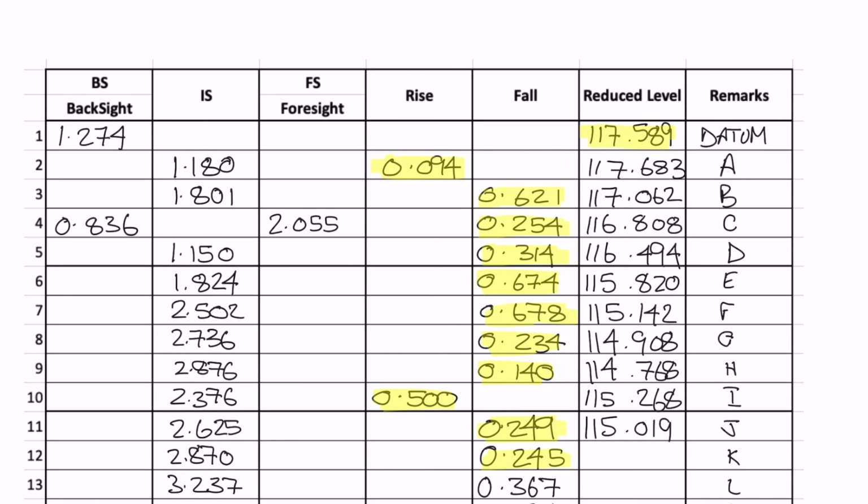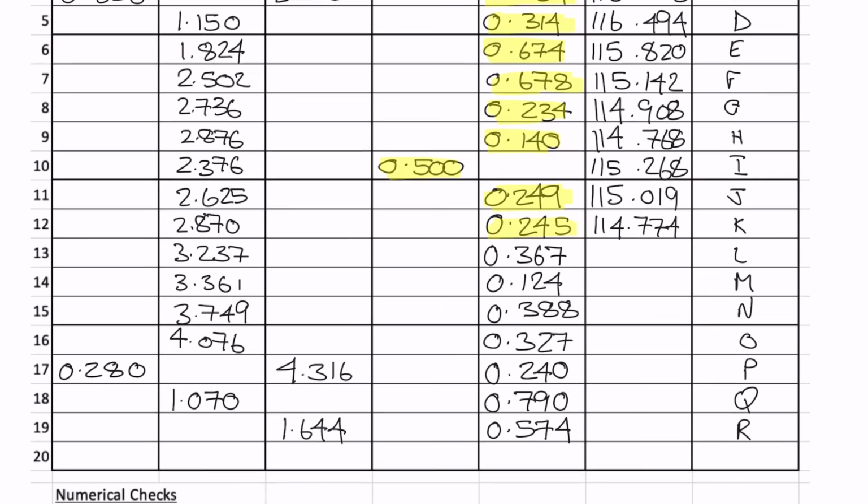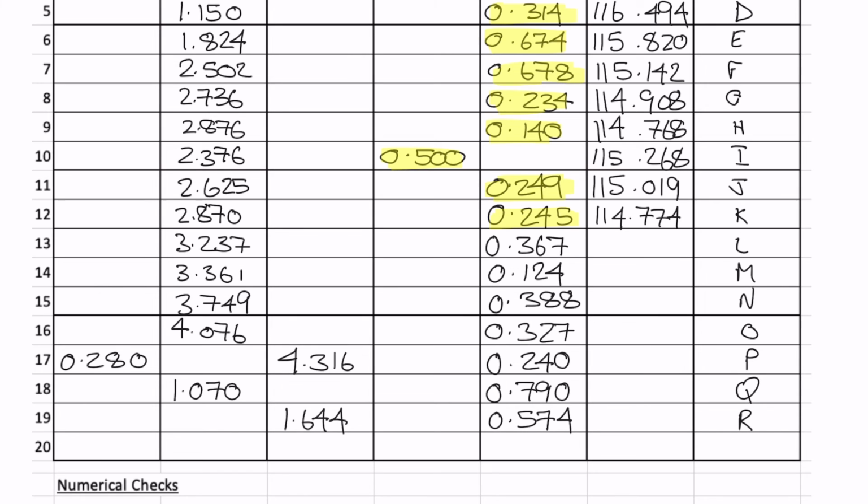Another fall value. Subtract that off. 114.774. Another fall value, subtract that from our current reduced level, 114.407.